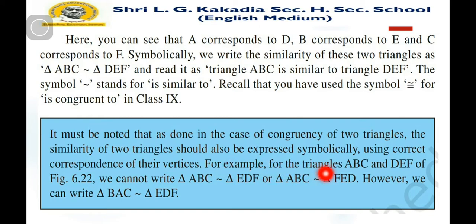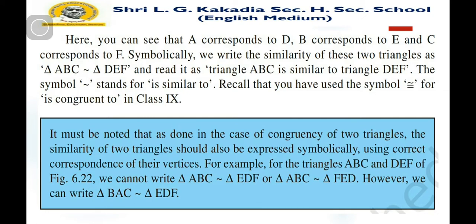For example, for triangles ABC and DEF of figure 6.22, we cannot write triangle ABC similar to triangle EDF or triangle ABC similar to triangle FED. We must write triangle ABC similar to triangle DEF, because A corresponds to D, B corresponds to E, and C corresponds to F. So we have to write in this pair.